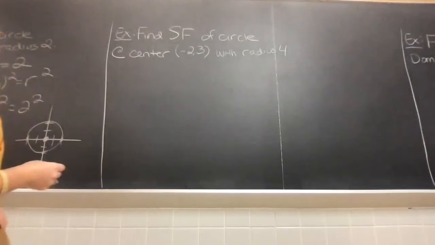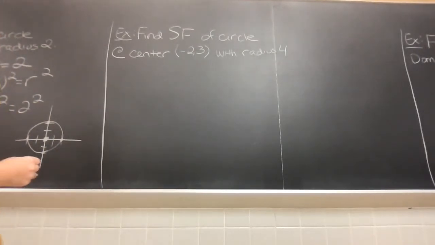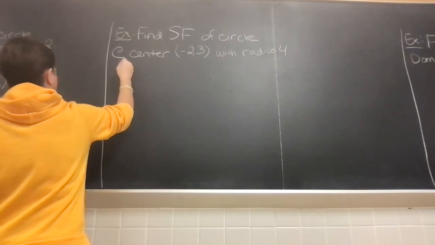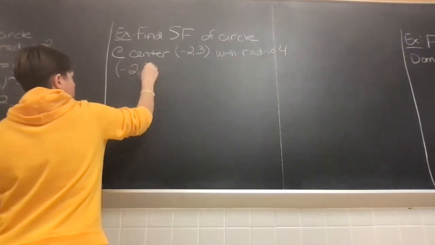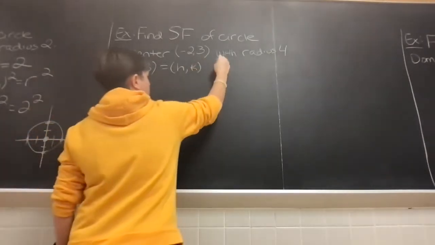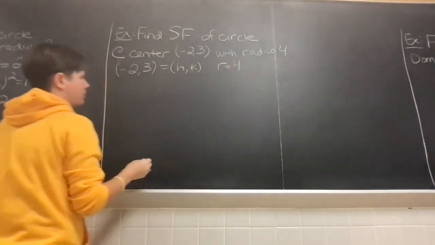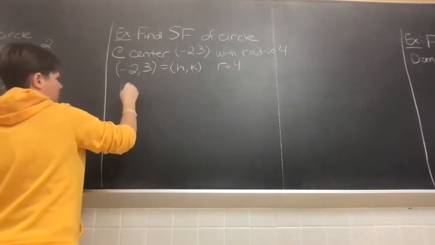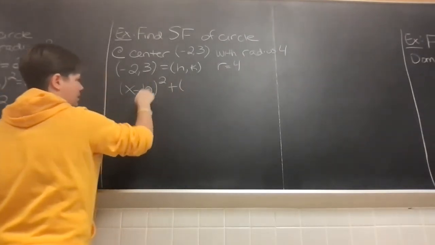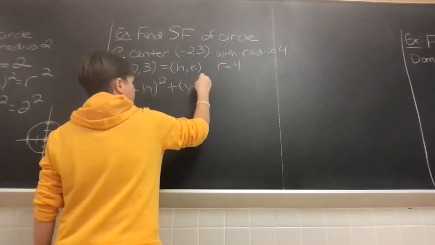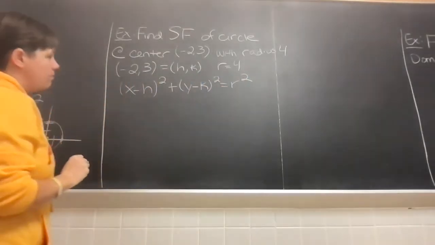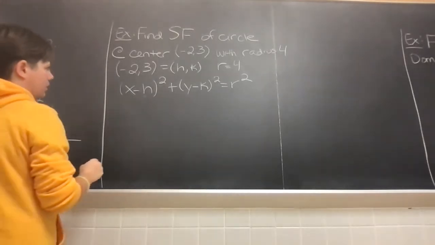Now let's find the standard form of a circle with the center at -2, 3 with a radius of 4. So we have a center at -2, 3. That's my h, k. I have a radius of 4. And then my standard form for a circle is (x minus h) squared plus (y minus k) squared equals r squared. So I plug in those values.